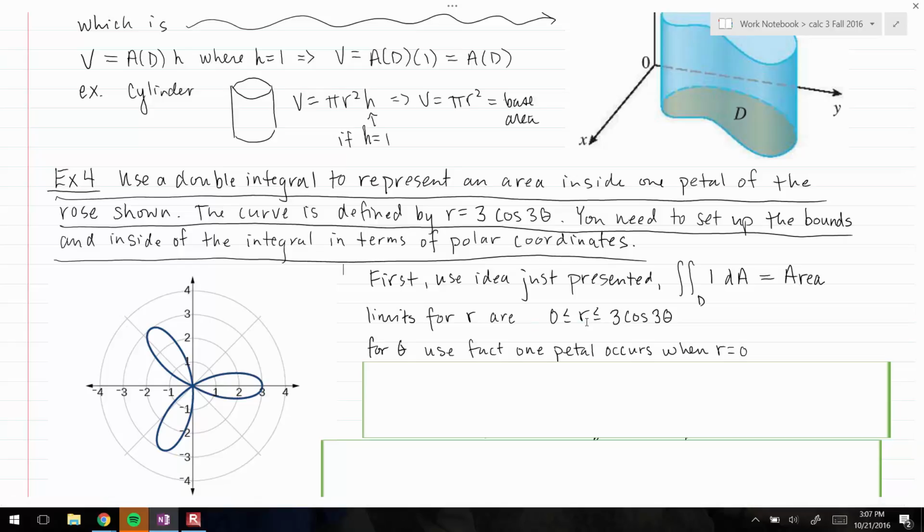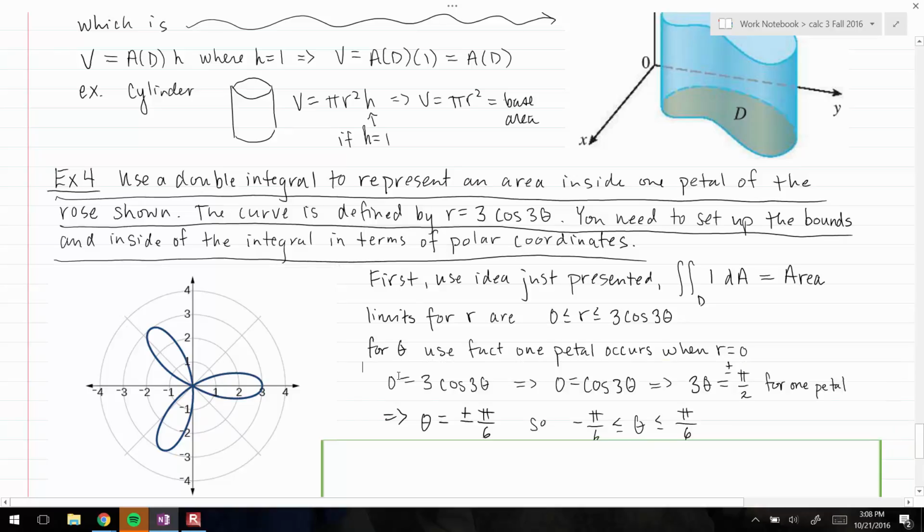We did this in a prior example: to find theta, you can use the fact that the graph comes back onto itself when r equals 0. If you solve for 0, there are a lot of solutions, but if you're looking in the neighborhood of this petal, around theta equals 0, you can just get rid of the 3 here.